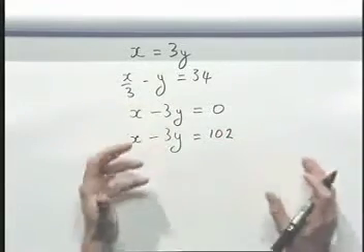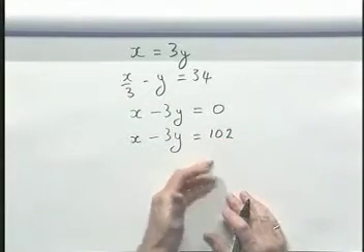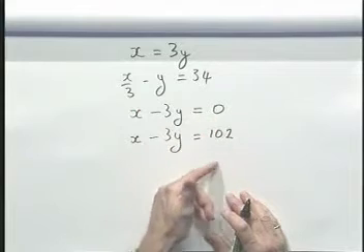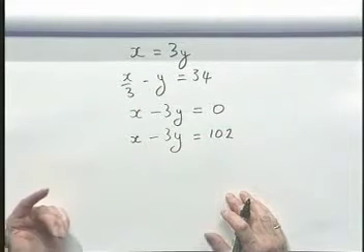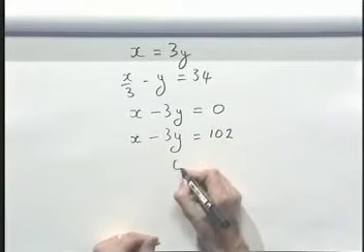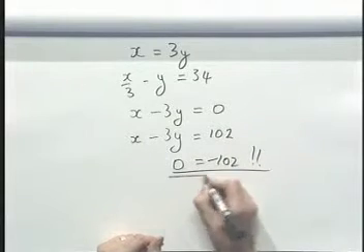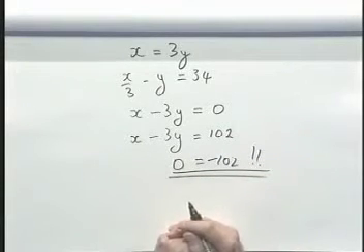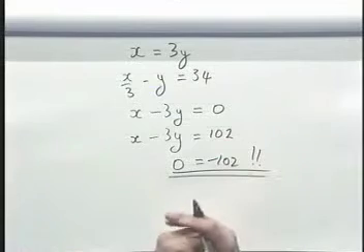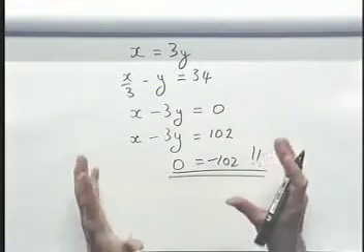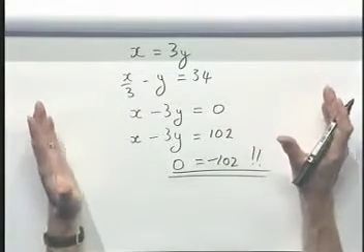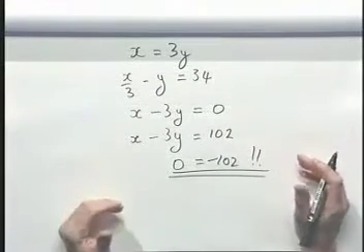Minus 3y take away minus 3y, no y's left. And yet we're going to have 0 minus 102 equals minus 102 at this side. In other words, we're going to end up with that, which is a wee bit strange. What's the problem? What's the difficulty? Remember right back at the beginning when we drew a couple of graphs.